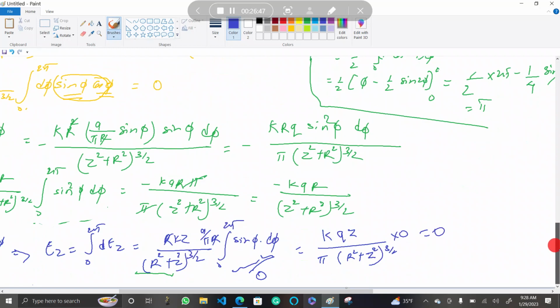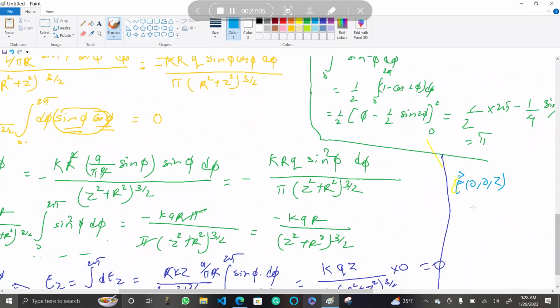To get the net electric field at distance g above the plane for the non-uniform charge distribution, which is Ex plus Ey plus Ez, along i, j and k.